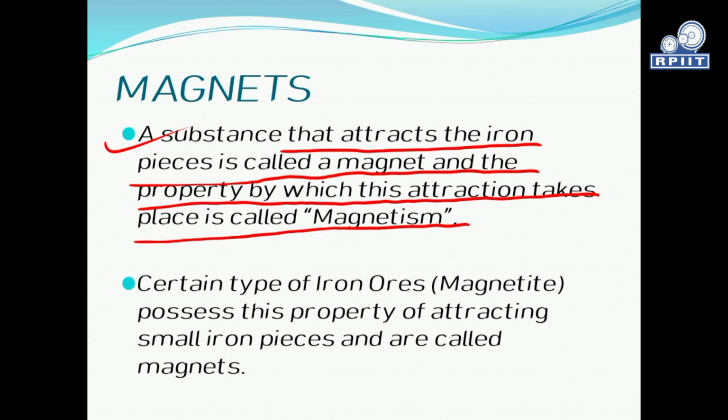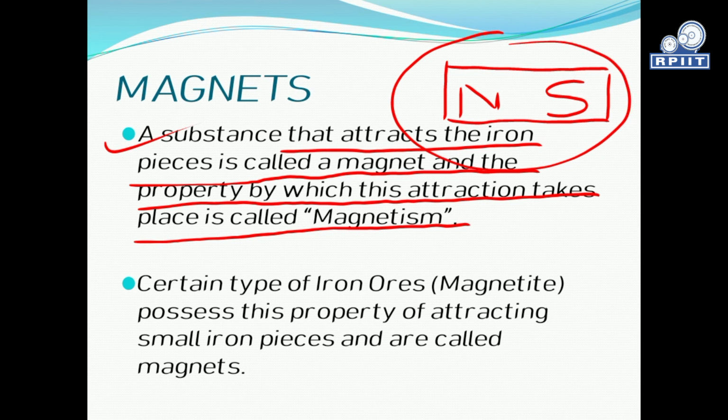Here we have a magnet having north and south pole. This is the magnet which attracts the iron pieces, and the property by which this attraction takes place is called magnetism.